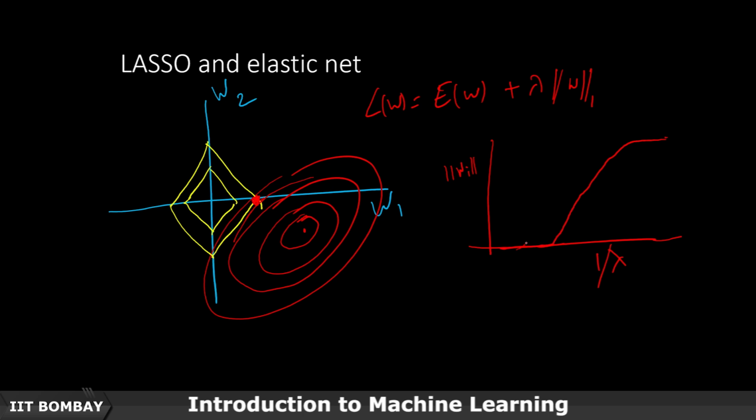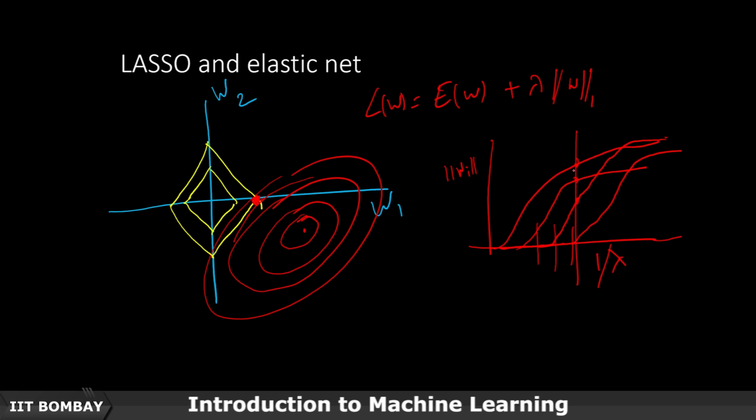Some weights will become 0 earlier, some later, but eventually all of them will become 0. So depending on different values of lambda, I will have different surviving weights, and those surviving weights will be the ones for which the features have not been eliminated.